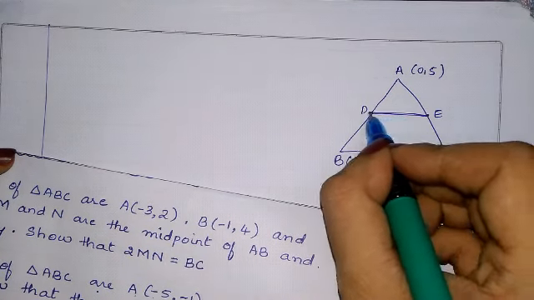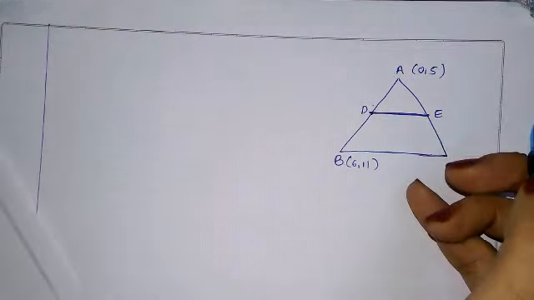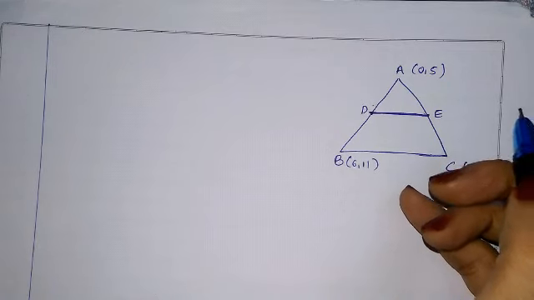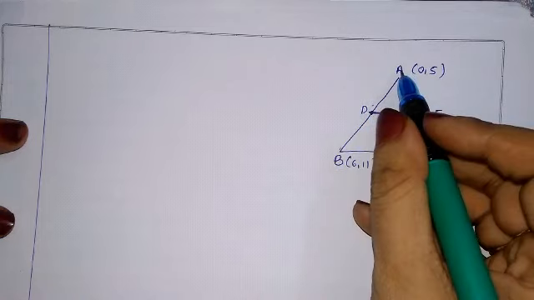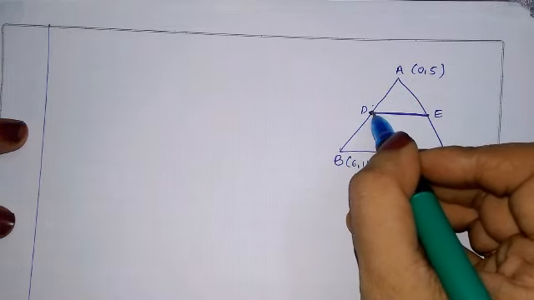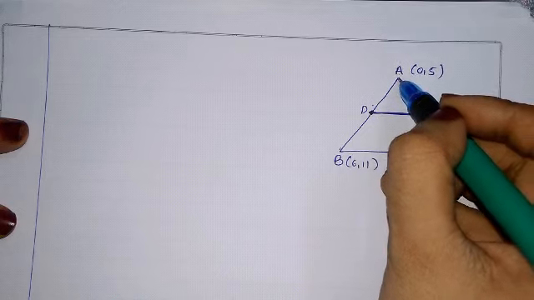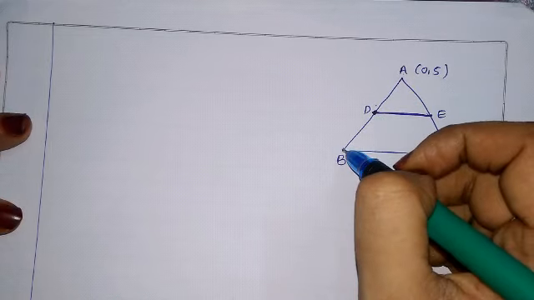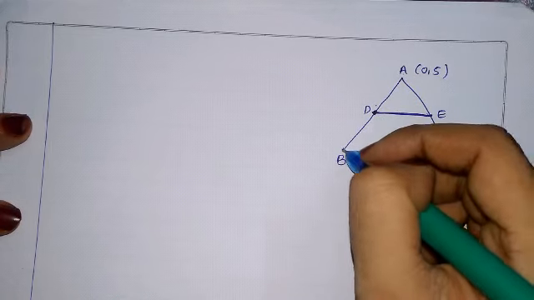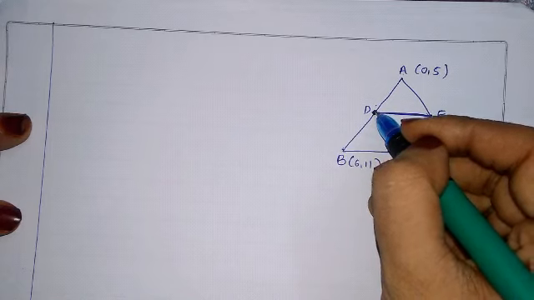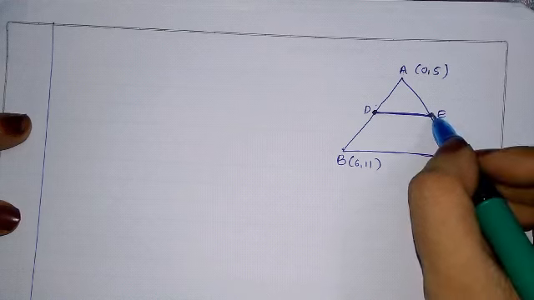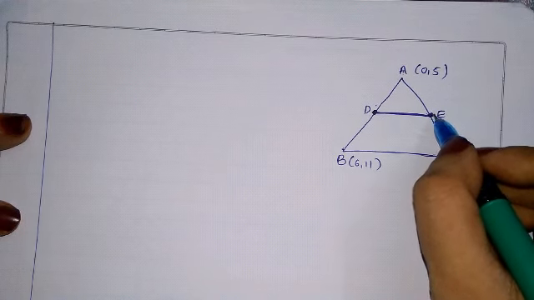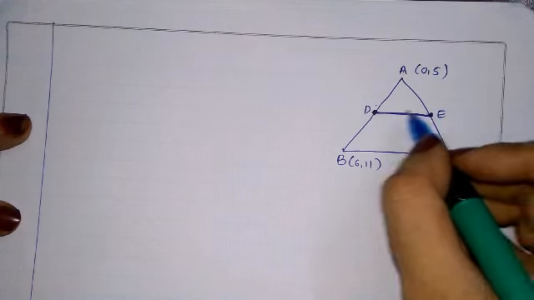What you have to do is find the area of ADE. This is the very easiest question. First you have to write D is the midpoint of AB. By the midpoint formula, you have to find the D point. Then E is a midpoint of AC, and by the midpoint formula, you have to find the E point.